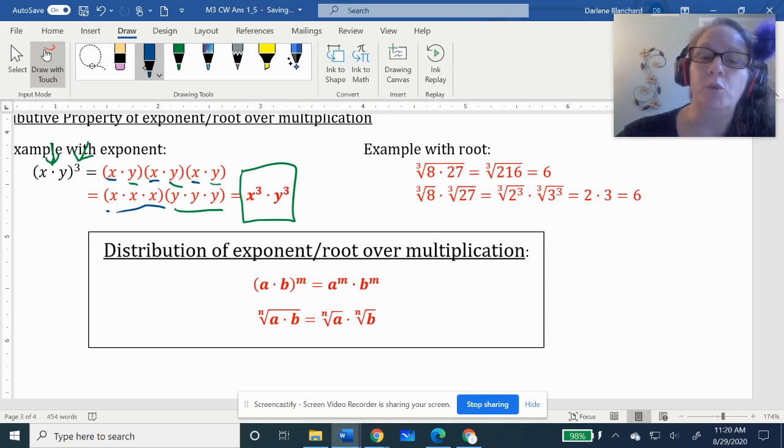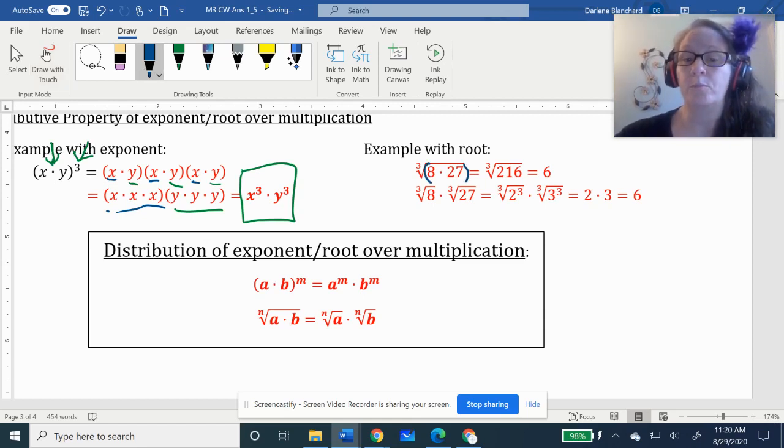If I have the cube root of 8 times 27, the 8 times 27 is understood to be in a parentheses under that cube root. Well, what is 8 times 27? You can use a calculator if you like. It is 216. You can also use a calculator to figure out what number multiplies 3 times to get 216, and 6 is that number.